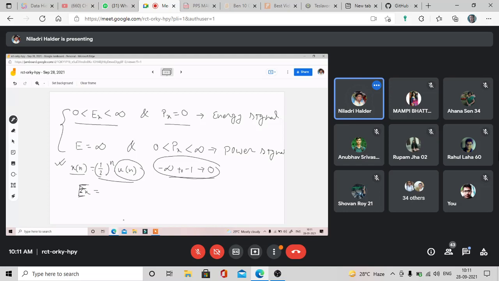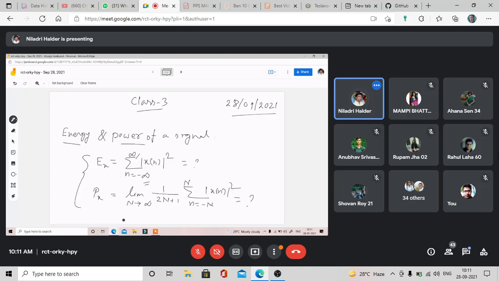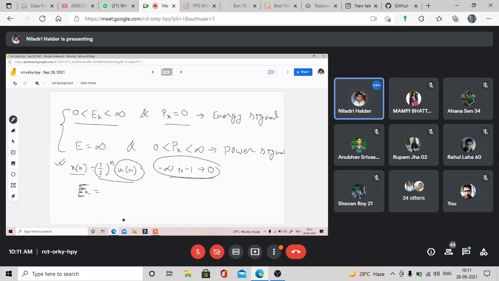So the formula will become summation n equal to 0 to infinity xn square. Okay. Here xn is equal to half to the power n, so xn square will be 1 by 4 whole to the power n.